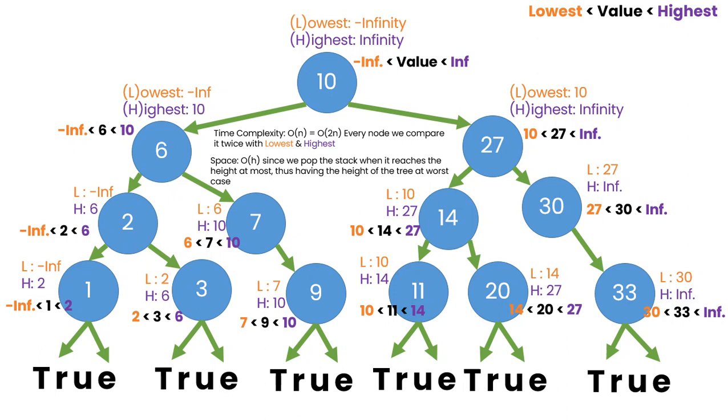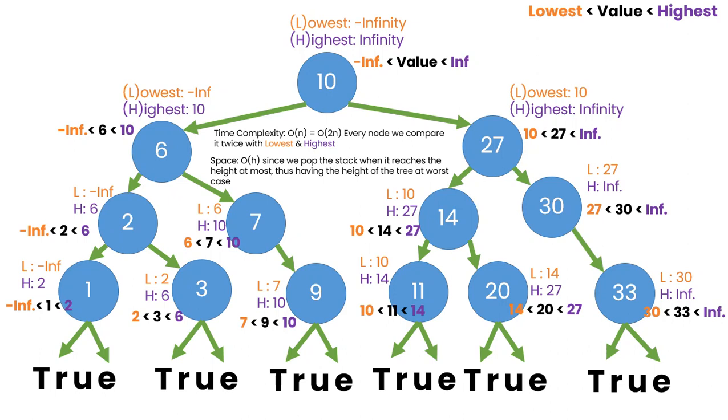So at the worst case, we will have O of h. And if we meet a condition, for example if the value is not 14 but something like 29, and it doesn't match our condition, we return false, and then it's going to be less than h.